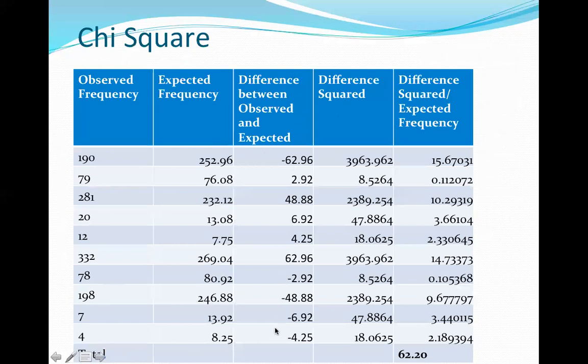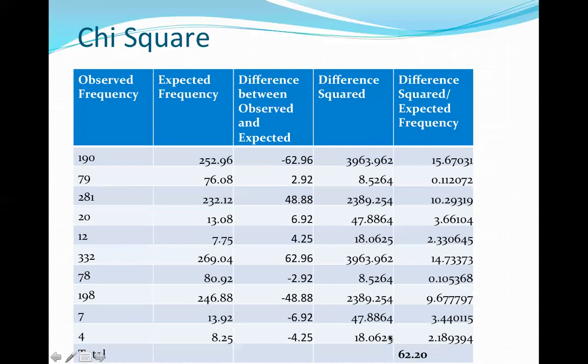In my third column, I take the difference between the observed and the expected. In column 4, the next step is squaring those differences. And then the final step, in column 5, is taking those squared differences and dividing them by the expected frequencies from column 2. When those are all summed together, that gives us our chi-square.